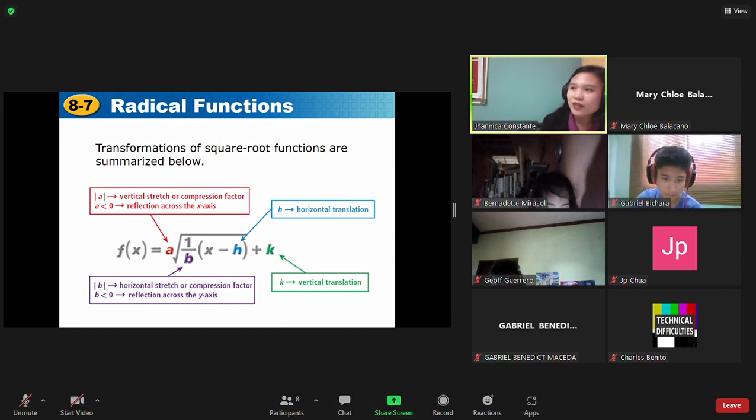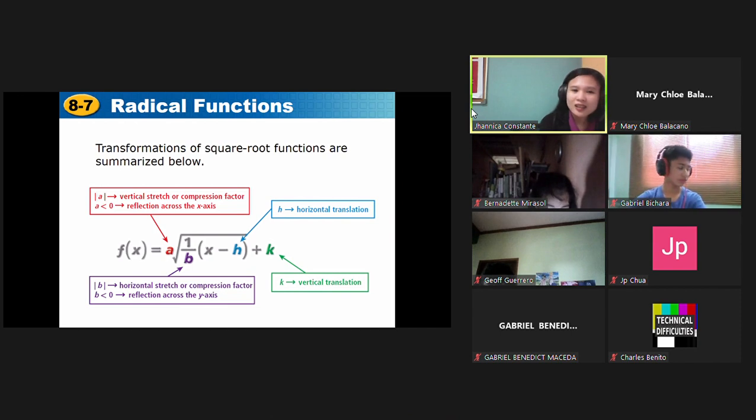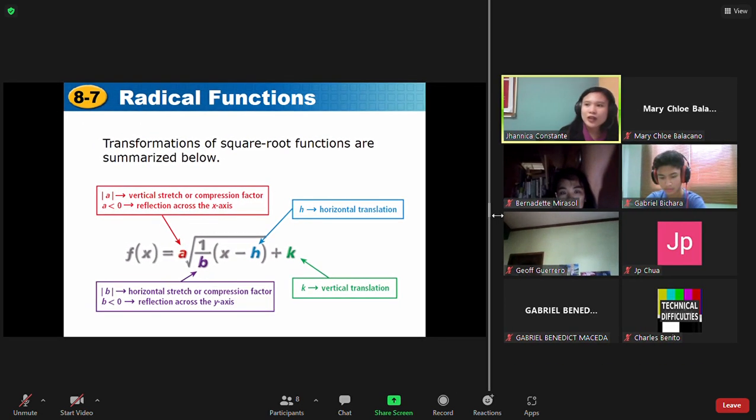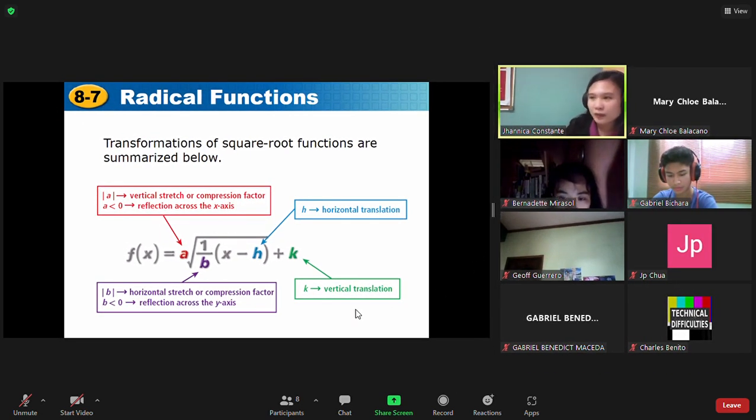That is the standard form of our radical function, wherein we look at the h and the k, the a and the b, to describe the translation that happened to our radical function. The h describes a horizontal translation, and the k describes the vertical translation, how many units the translation happens for your radical function vertically, and for your h horizontally.